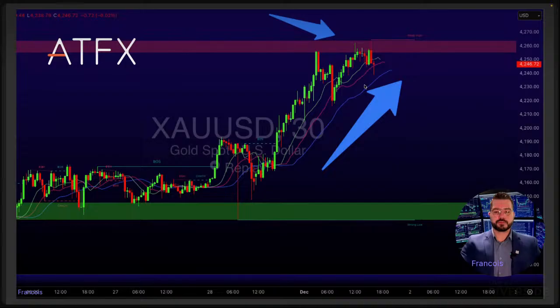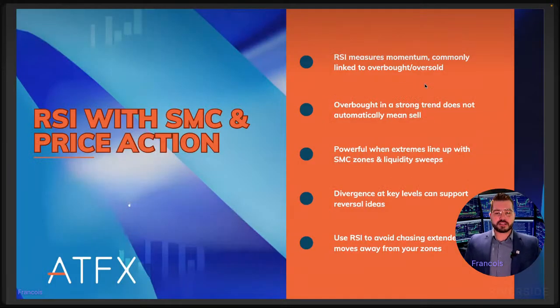Okay, let's move on. Next on our agenda for tonight is the Relative Strength Index, or the RSI. The Relative Strength Index is one of the most widely used momentum indicators, and this specific indicator is also known as an oscillator.